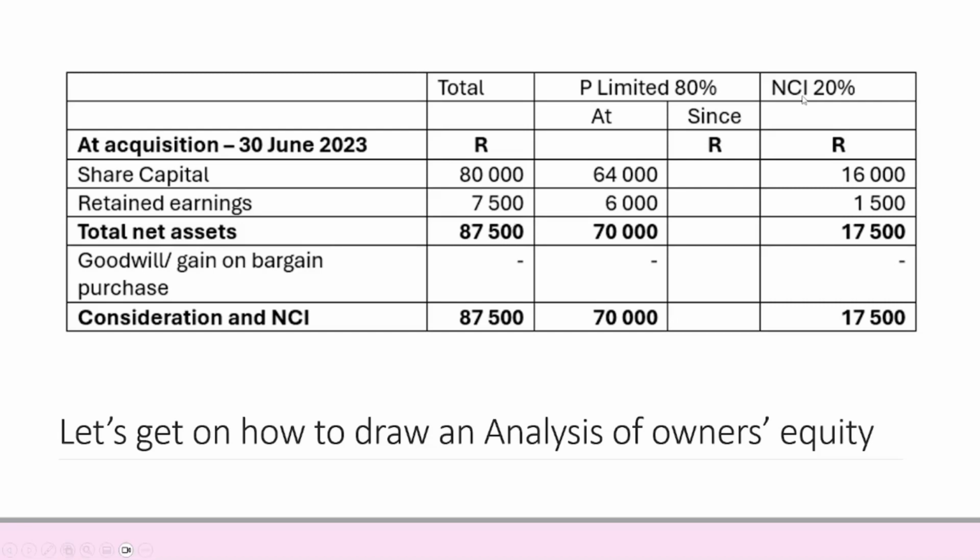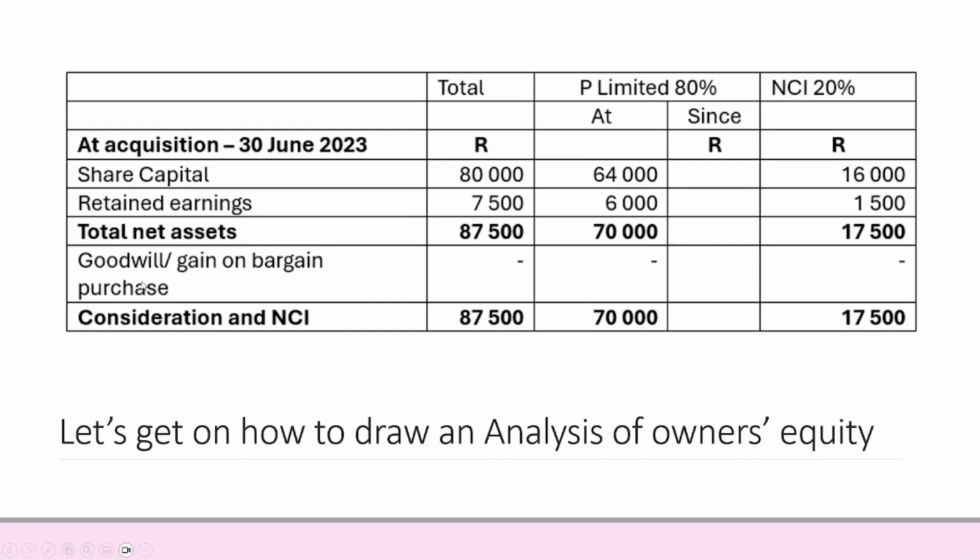Then we know that P Limited acquired 80% of it. So you're just going to multiply your total net assets by 80% to get to your 70,000. Now, this is an exam technique I learned a bit too late, but I always put my total net assets and my consideration and NCI in two separate line items, as opposed to trying to work back to calculate either the goodwill or the gain on bargain purchase.